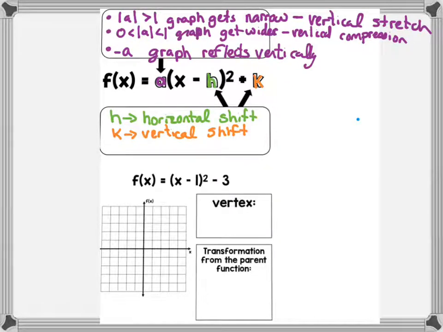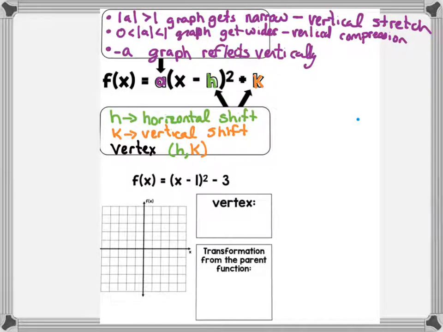And your vertex will appear at H, K. So that's the ordered pair for your vertex.